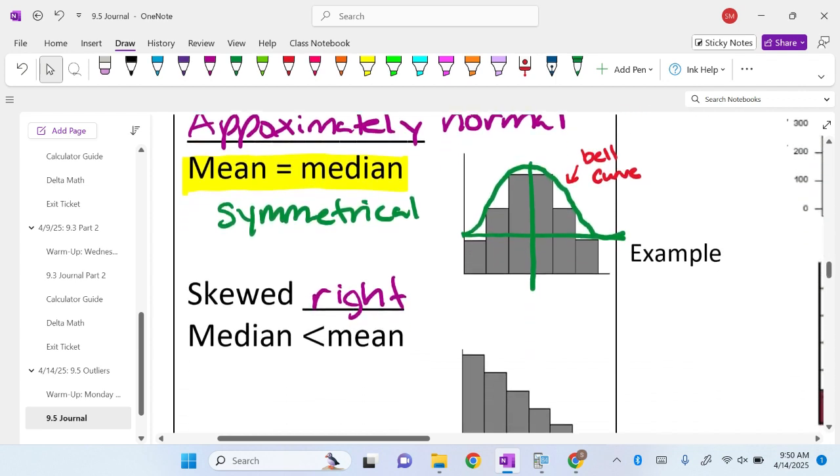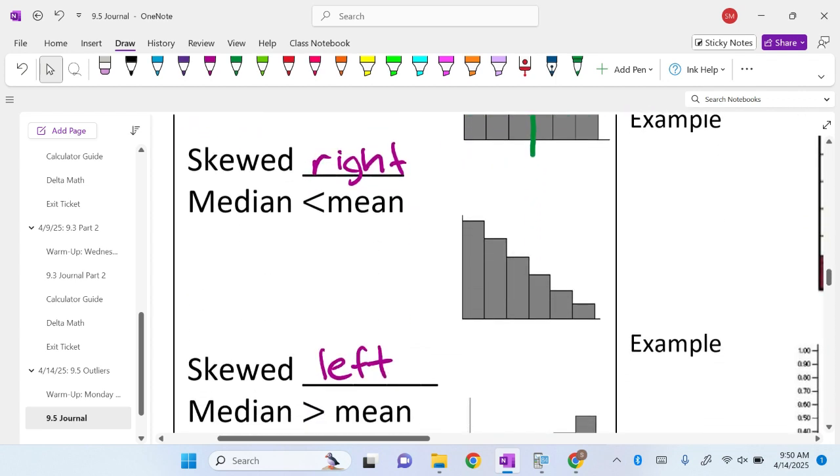Now, we then have skewed right. If we look at the actual graph that they give us to describe skewed right, it looks like most of our data is on the left. When we're talking about skewed, we're not looking at where most of the data is. We're looking at where the tail of the curve is.